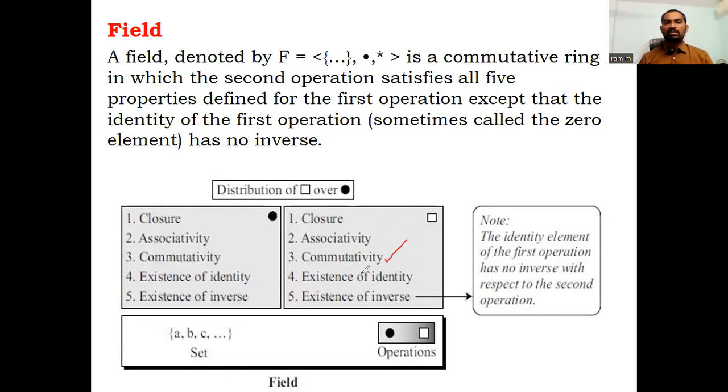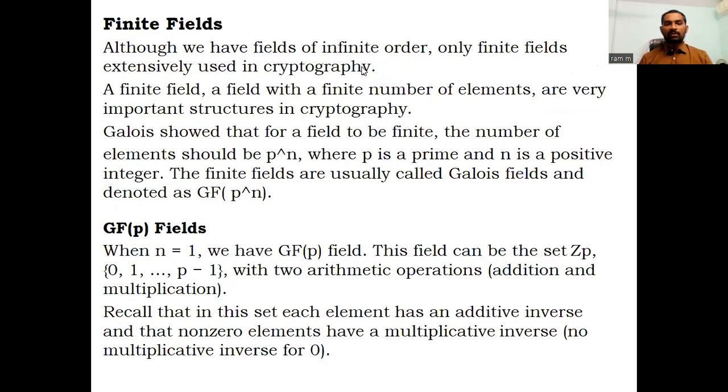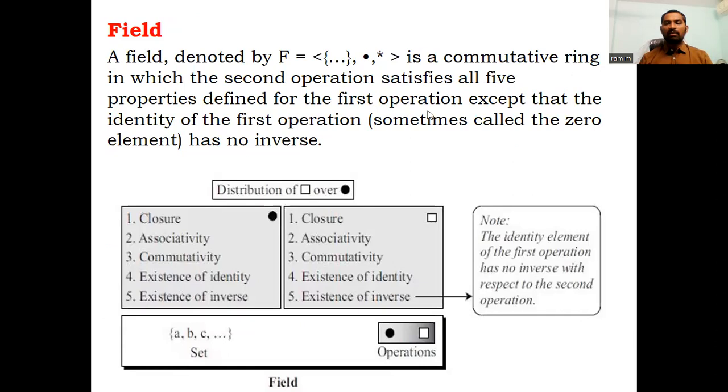Now, apart from these three, it should satisfy two properties, that is existence of identity element and existence of inverse element. And remember, the identity element of the first operation has no inverse with respect to the second operation. So this algebraic structure we call a field.